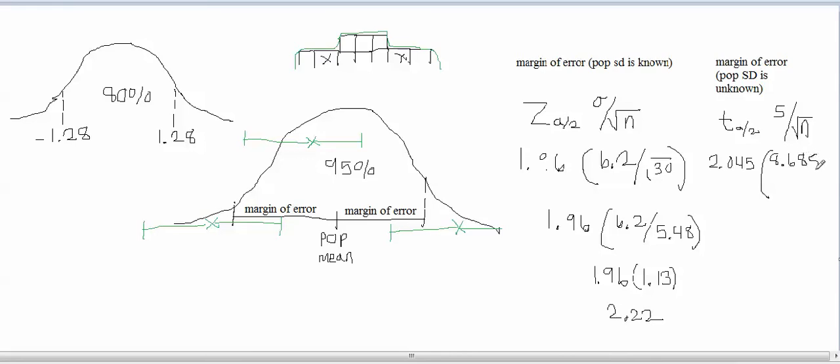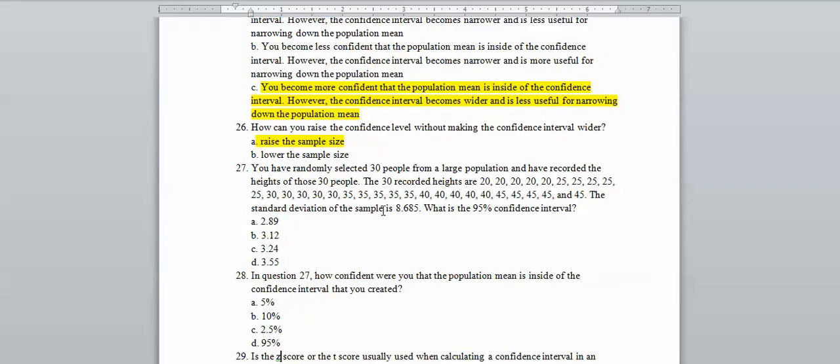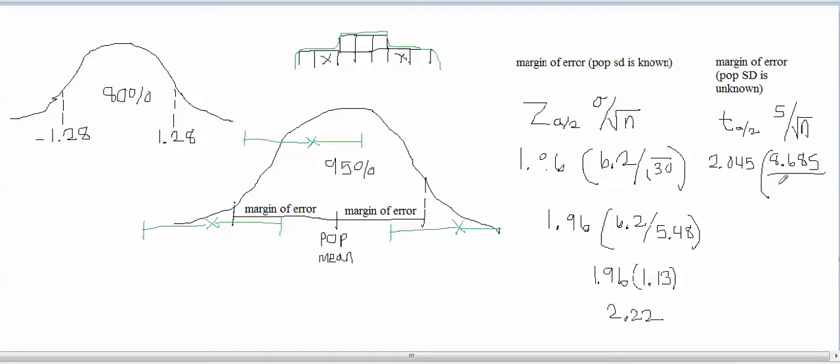You're going to divide that by the square root of our sample size. Our sample size is still 30. We have 30 heights. So n is still 30. Once we do all of this math, we'll have our margin of error. You're going to be doing the same exact math that we did last time when we reached this margin of error. So do these steps over again, but with these numbers, you'll get your margin of error.